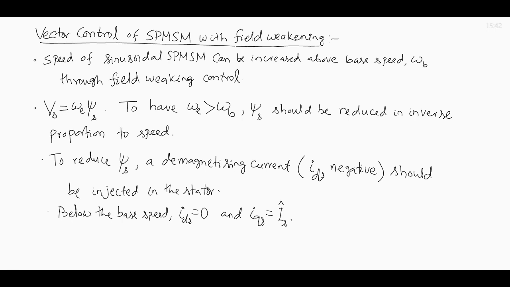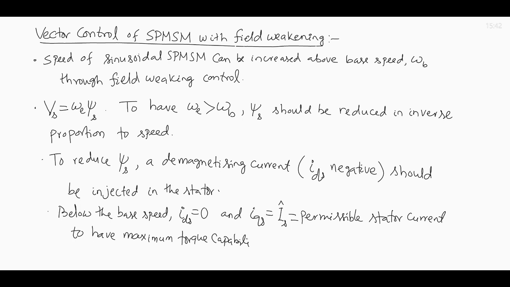That has to be the maximum permissible stator current to have maximum torque capability. Because IDS is 0, IQS should be the maximum permissible stator current. So, torque capability is maximum.